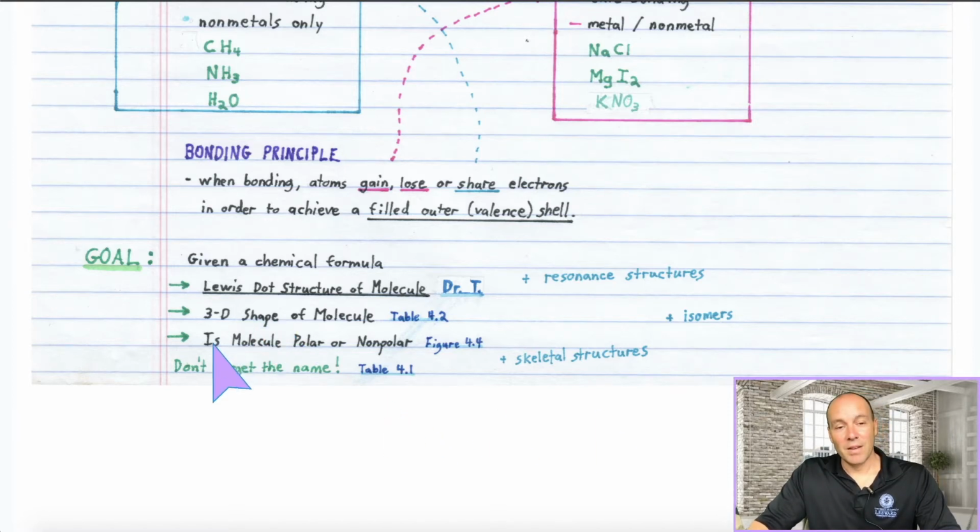Now finally, you need to be able to name the molecule, and you can actually do this first if you want. So name the molecule and then do the structure if you want. To name the molecule, we're going to use the help of table 4.1. And I'll show you table 4.1.